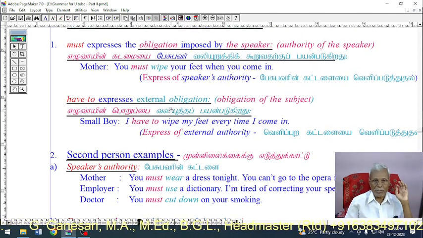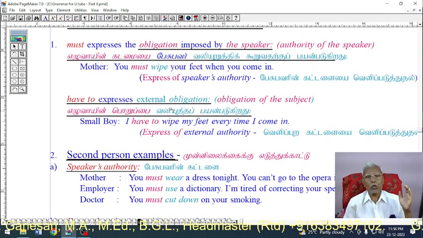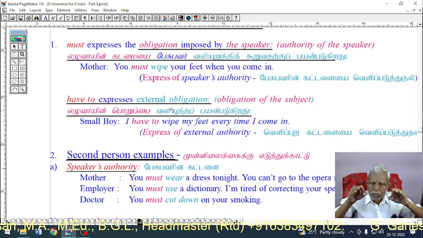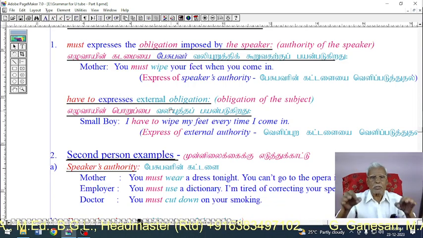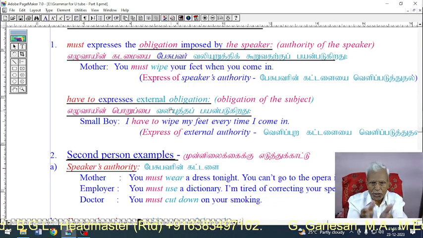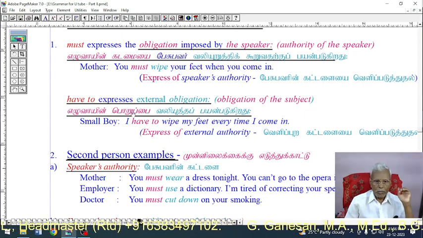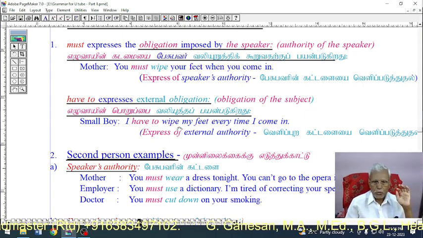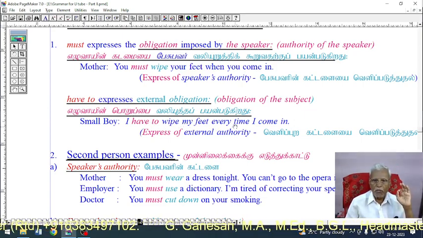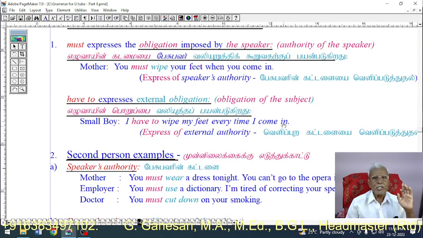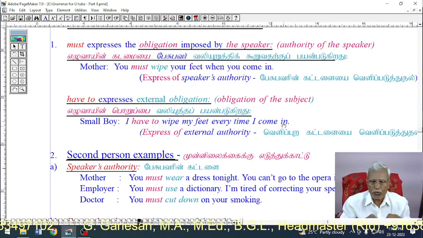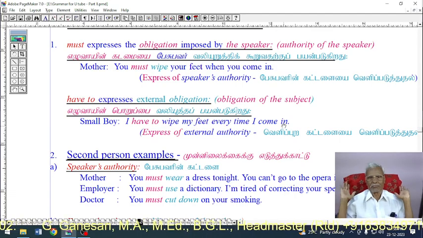Have to expresses external obligation. External obligation means it is the duty, the obligation of the subject. The small boy says, I have to wipe my feet every time I come in.